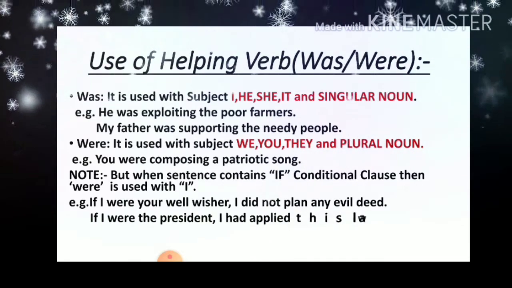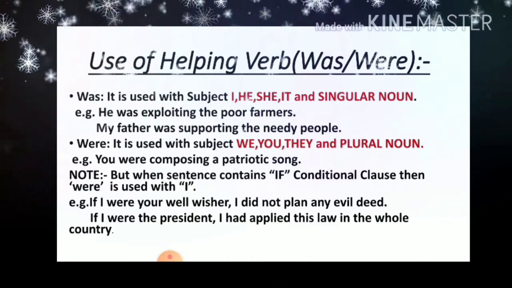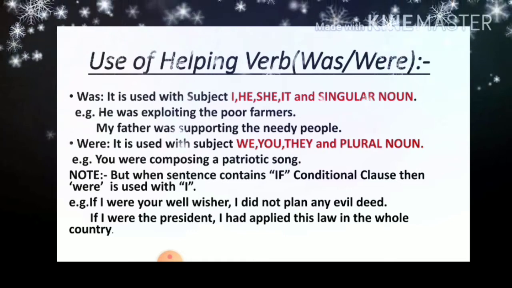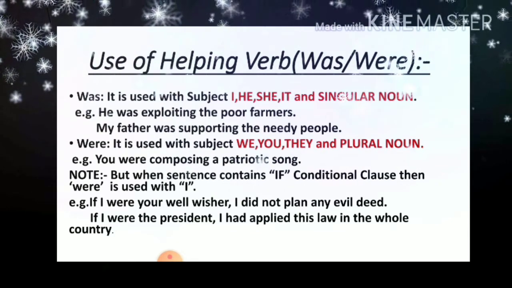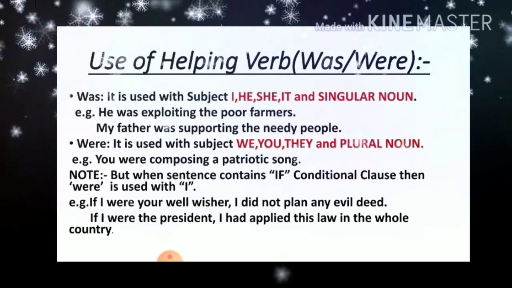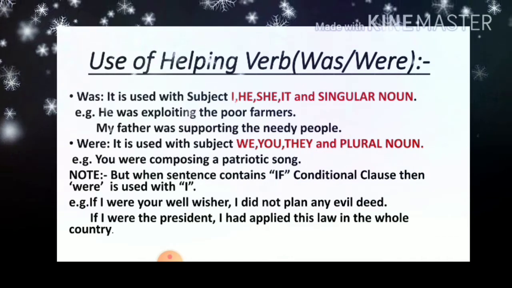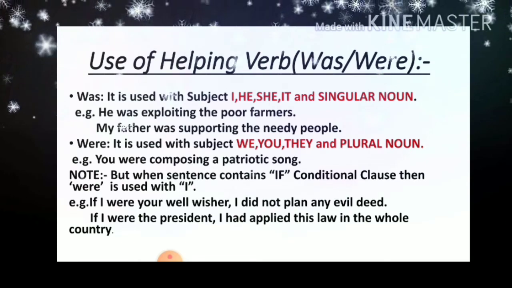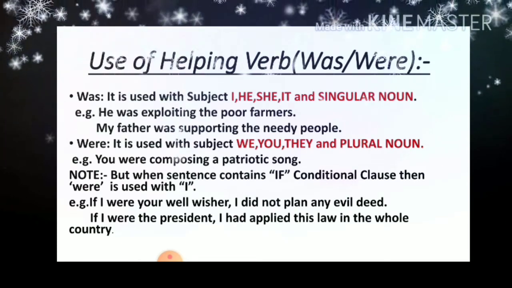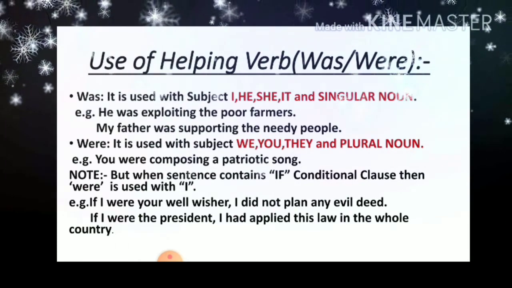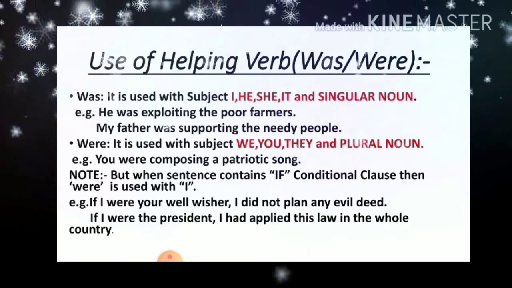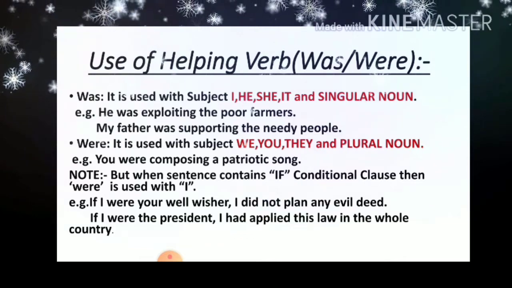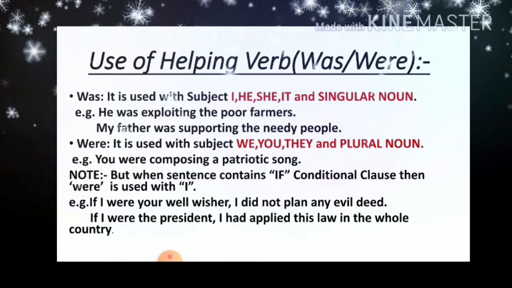Now the next example: if I were the president, I would have applied this law in the whole country. So students, listen carefully here. Here I am teaching you the rule of was or were, where you have to use was and where you have to use were, but don't pay attention to the sentence structure of the past continuous tense.